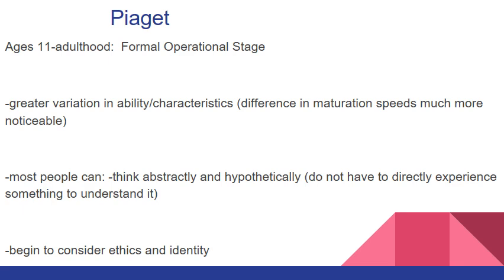So you might have a student who's 13 who's thinking at the college level, while you might also have a student who's 13 who's thinking at basically the elementary or junior high level.